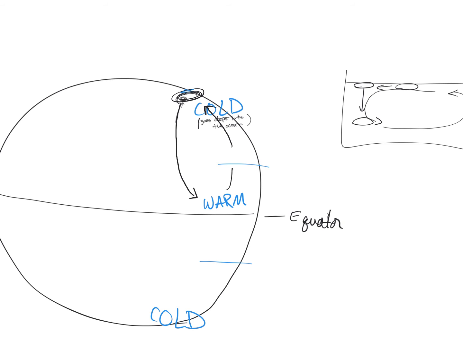And you have these great ocean currents that circulate from the equator to the poles. It's happening in both hemispheres. Water circulates on the surface from the equator toward the pole, goes deep, and gets carried back the other way.